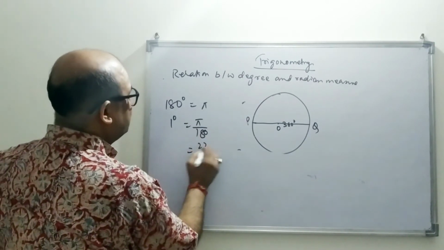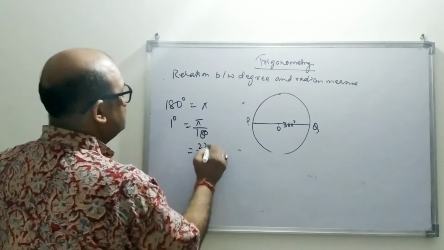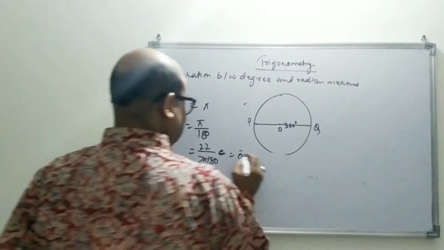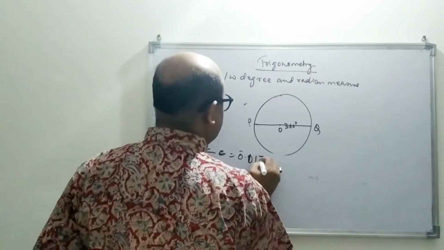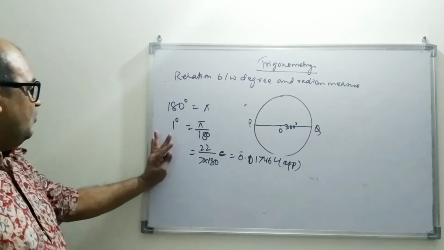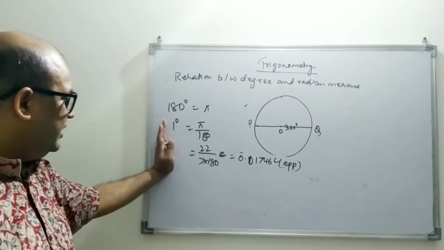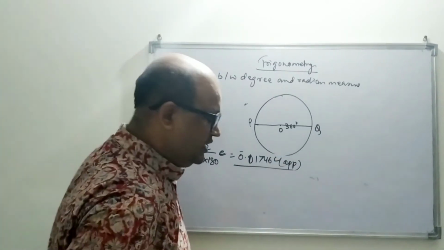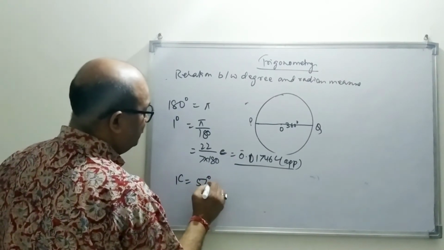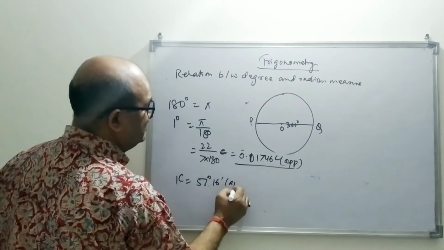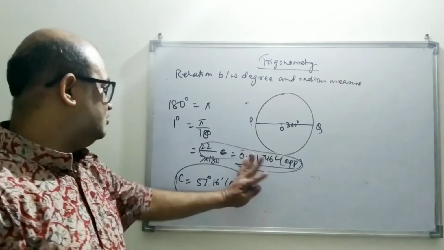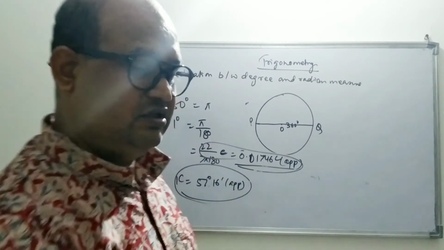Taking pi as 22 by 7, this gives you 22 by 7 into 180 radian, which is approximately 0.01746 radian. So 180 degree equals pi radian, 1 degree equals this much radian, and 1 radian equals 57 degree 16 minutes approximately. You must know that this conversion is very much required for solving the sums.